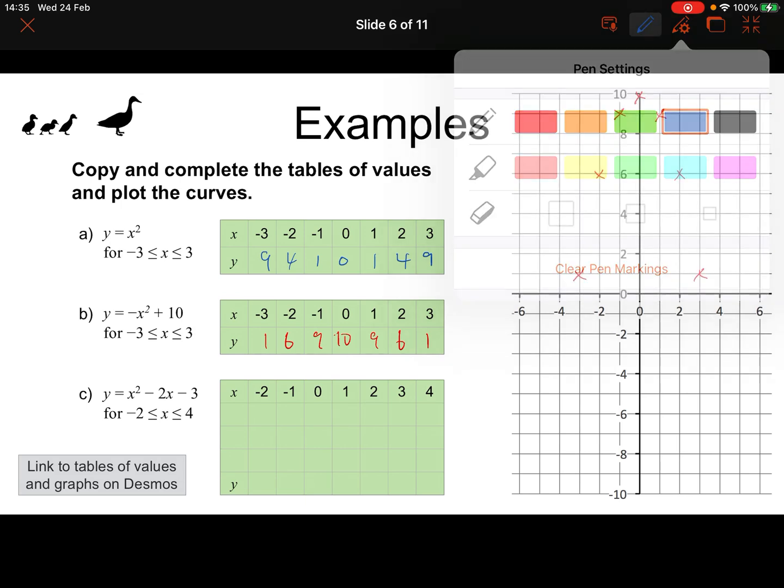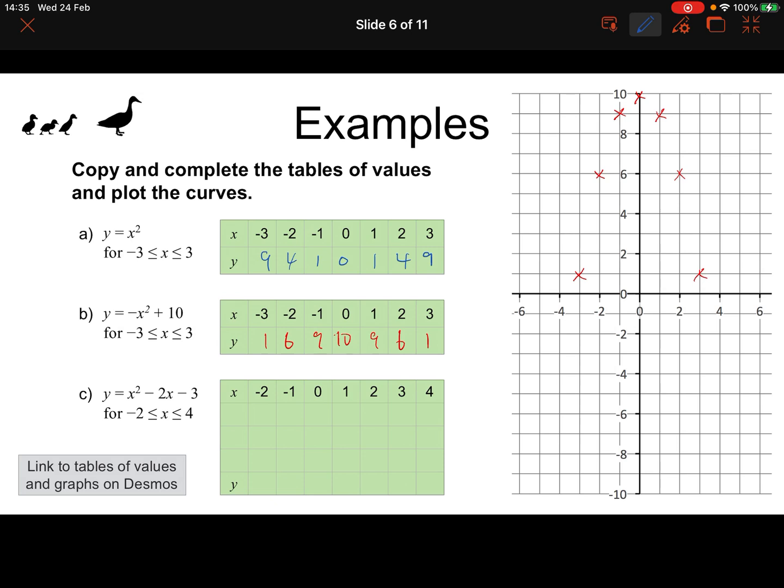Remember, connect it up with a smooth curve. Smooth curve. And the curve, remember, it goes on forever and ever and ever. So this time it was an N shape. That doesn't matter, U or N, but it is a parabola shape.